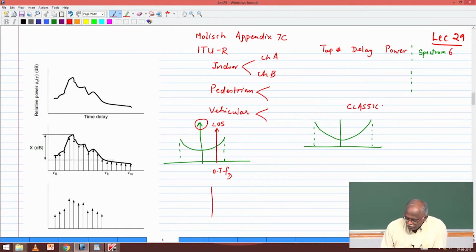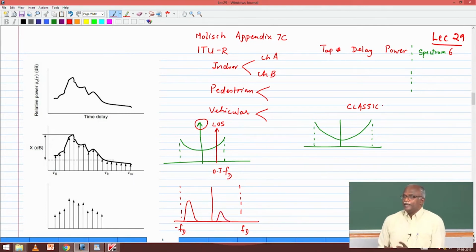There is a Gauss one which has the following behavior. This is minus FD max or minus FD. This is FD. It has this type of response. Can you interpret this for me? What is this power spectrum telling you?